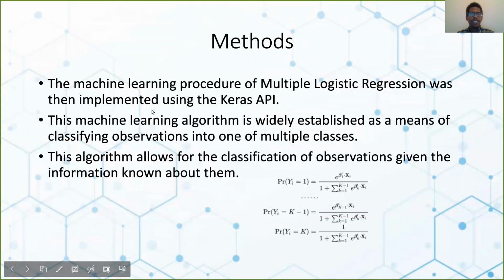The machine learning procedure of multiple logistic regression was first implemented using the Keras API. Using this algorithm, we were able to classify observations into one of multiple classes with an established measure of doing so. The formula for the multiple logistic regression model is shown below.